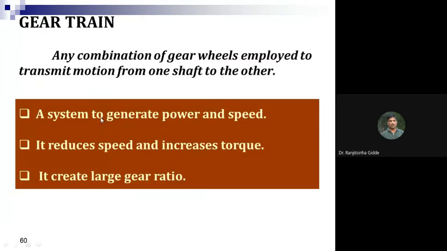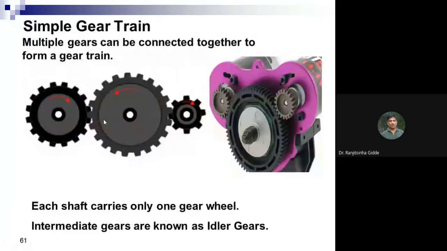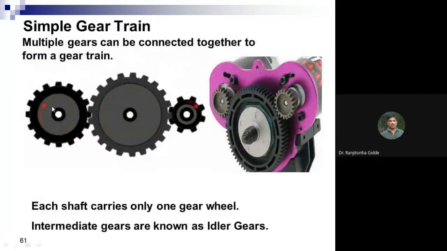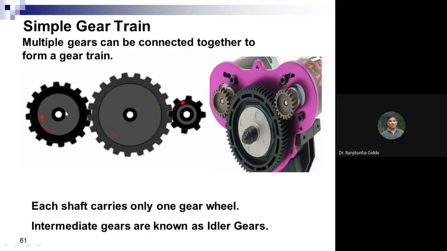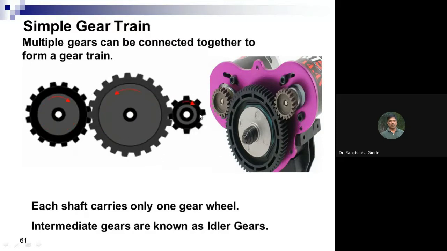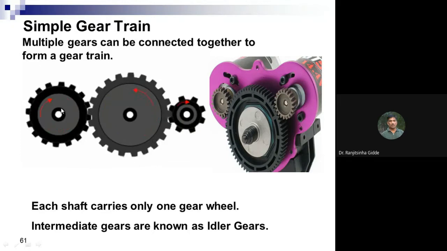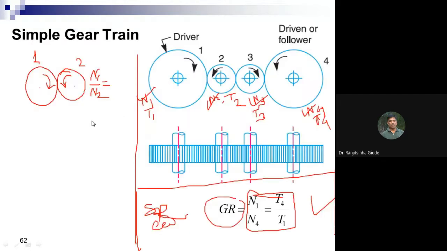So this we have seen. This one is the driver, this one is the driven. So if you consider two gears, then this is the driver and this second one is the driven. So n1 upon n2 is equal to t2 upon t1.